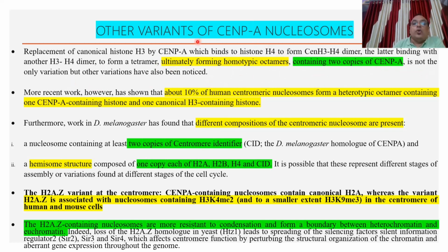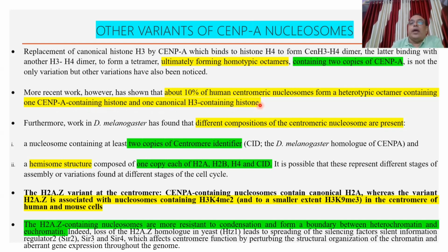the only variation. So the most profound variation was replacement of canonical H3 by CENP-A or CEN H3. But this is not the only variation. There are other variations too. This is the most common difference from the canonical nucleosome, but some other variants have also been reported. And in most recent work, 10% of human centromeric nucleosomes form a heterotypic octamer containing a CNP-A containing histone and one canonical H3 containing histone.